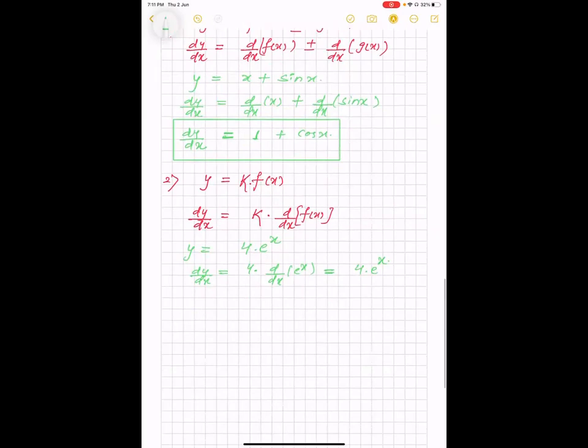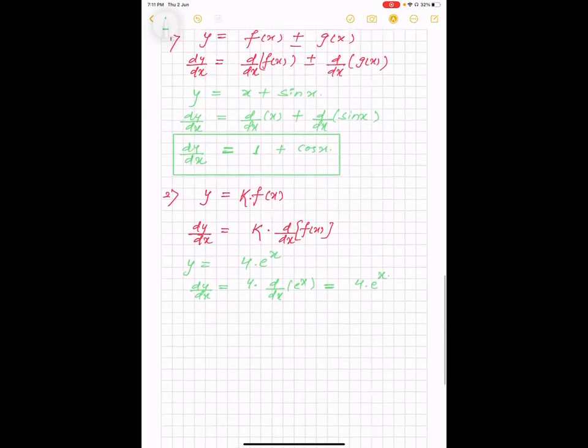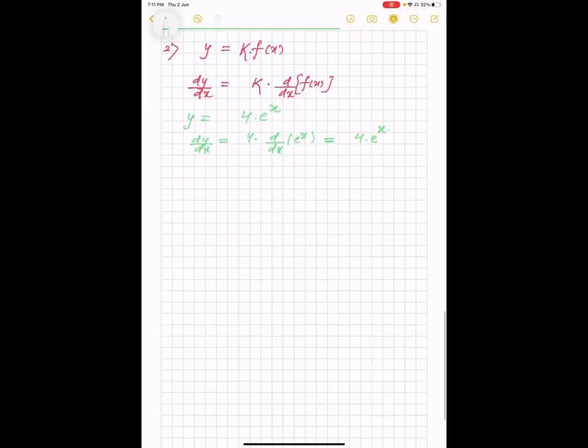Before we go ahead, let's take an example which has both these rules combined. Let's say we have y equals x cube plus 5 over x square minus cos x. How will we differentiate it?